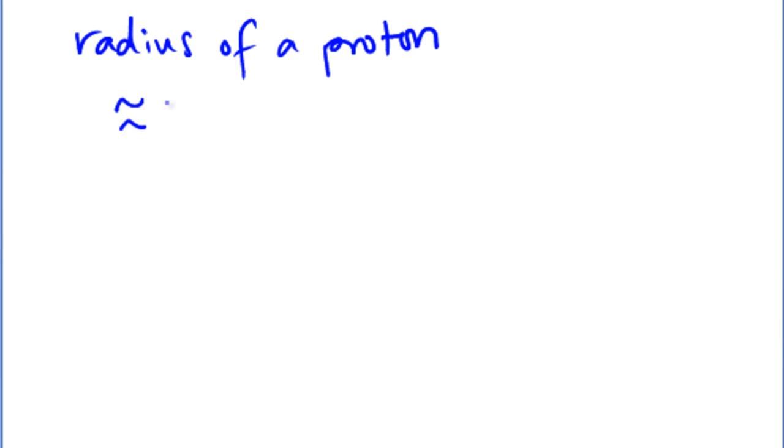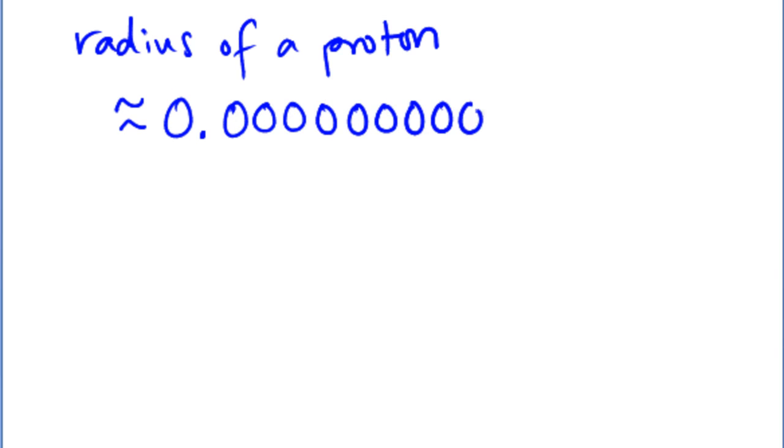Here's another example. The radius of a proton. If you've had some physics before, you've seen a proton as one of the particles in an atom. So really, really tiny. So the radius will be really, really small. And in fact, it's about this many millimeters.